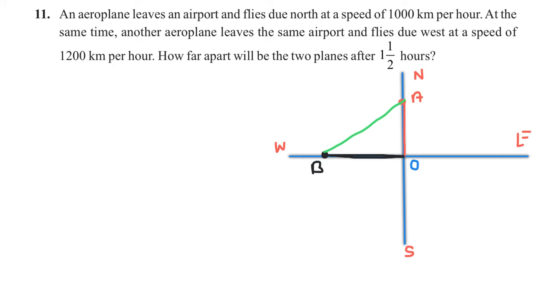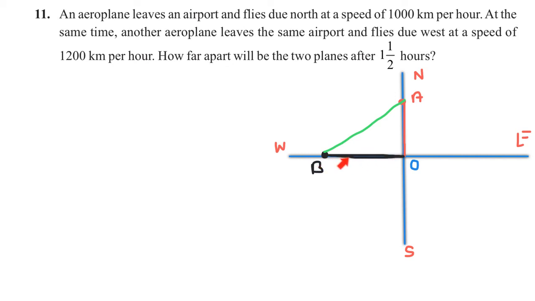Let's try this. An aeroplane leaves an airport and flies due north at a speed of 1000 kilometers per hour. So we will take the aeroplane flying from O to A northwards. At the same time, another aeroplane leaves the same airport and flies due west at a speed of 1200 kilometers per hour.